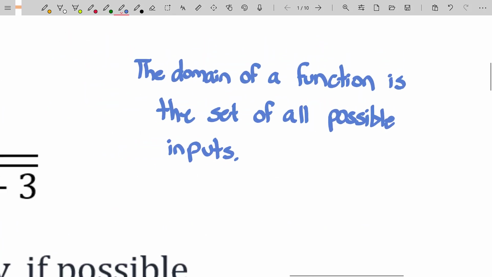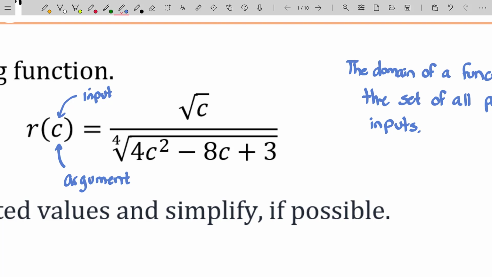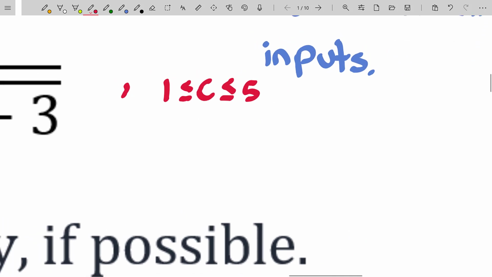Something to let you know about here is that sometimes there is an explicitly defined domain. That is, somebody might come in and hand you this function and they say, by the way, I only want to bother with values of c between, for example, 1 and 5. Now, obviously, I'm not going to restrict this function to only allow inputs between 1 and 5, but if I did, then the domain of this function would be the interval from 1 to 5.